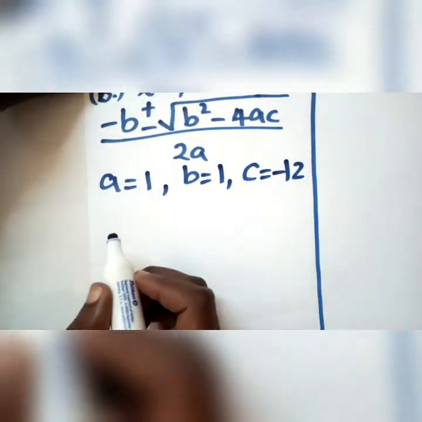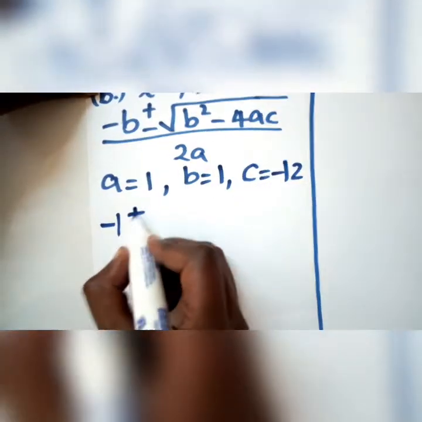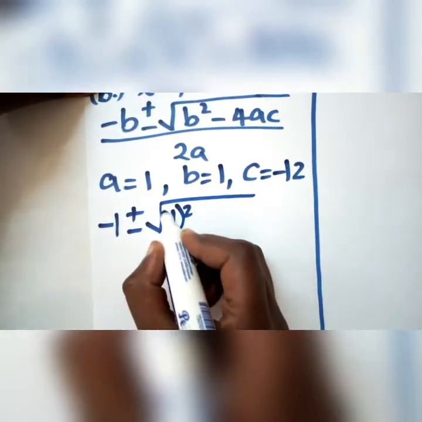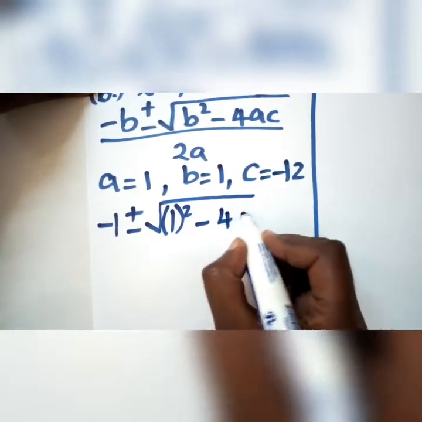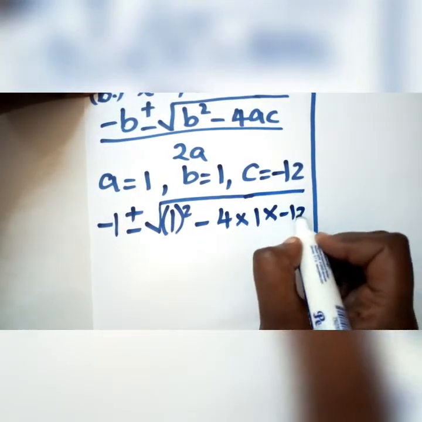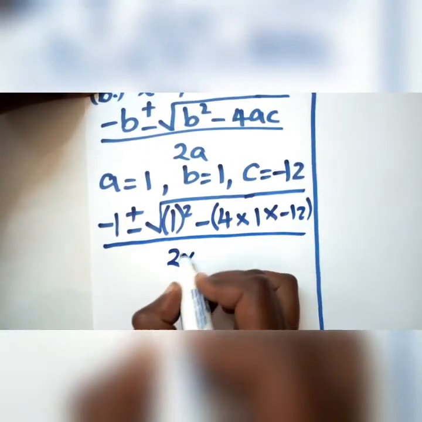Now let's apply the formula. So we have minus 1 plus or minus the square root of 1 squared, and we'll put a bracket, minus 4 times a, which is 1, and c, which is minus 12, everything over 2 times 1.